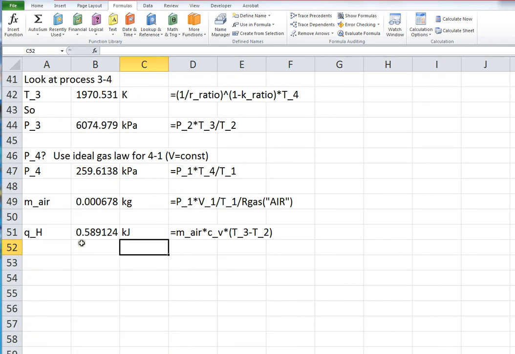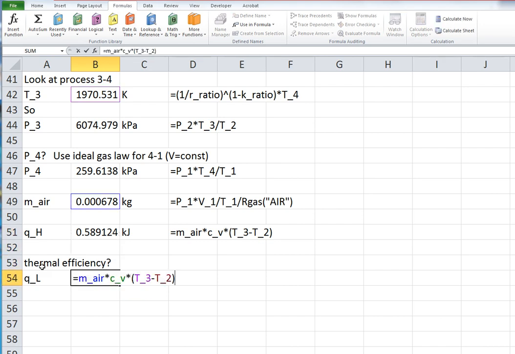Thermal efficiency. Well, we're pretty close. I mean, we can either find QL and calculate that way. We can do that. This is going to be exactly the same formula, except, of course, we're going to have the heat rejection process involved here.